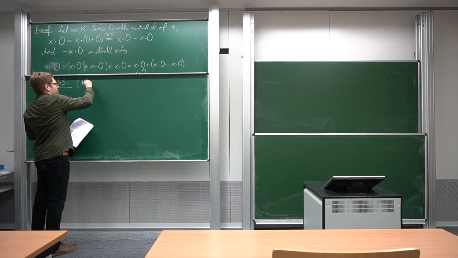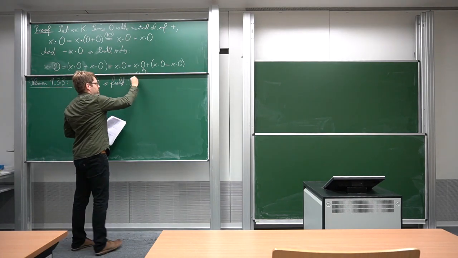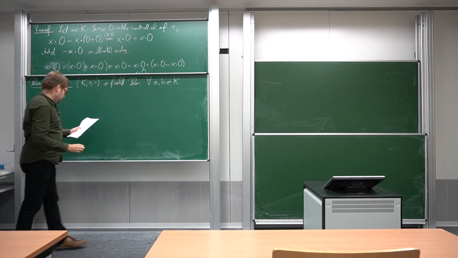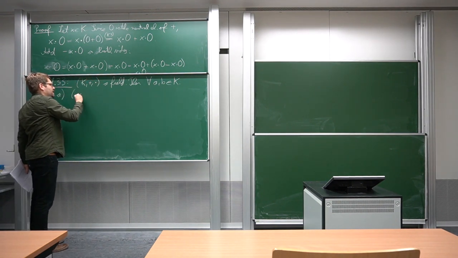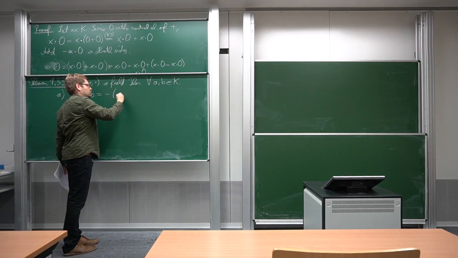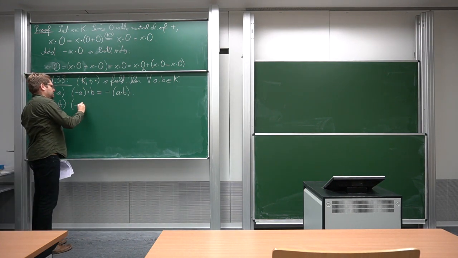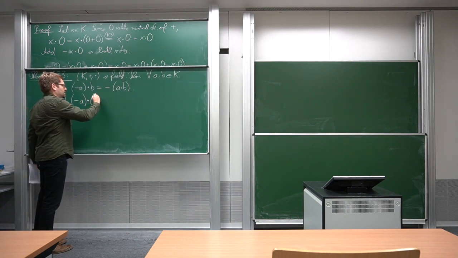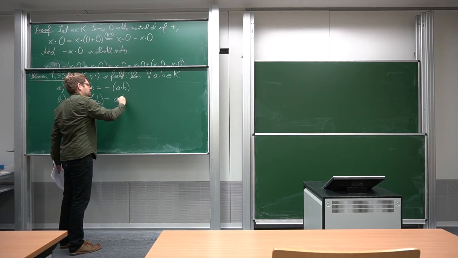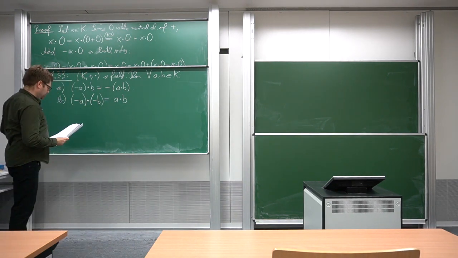If we have an arbitrary field K, then for all elements A, B from the field K, we have two nice properties, namely: minus A, the additive inverse of A, times B is the same as minus of the product A times B. And second, if we multiply minus A times minus B, so two additive inverses, we see that again in fields we just get A times B. So this rule that minus times minus is plus holds true in arbitrary fields, which is really beautiful.